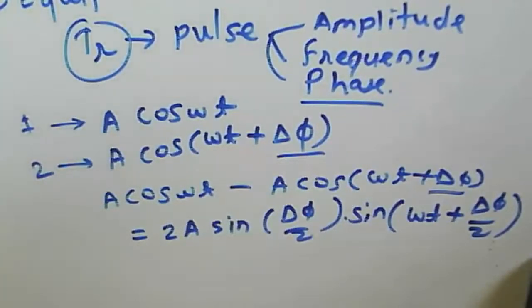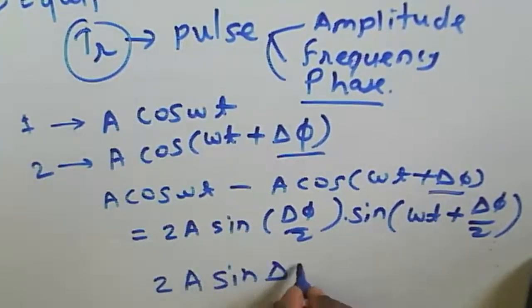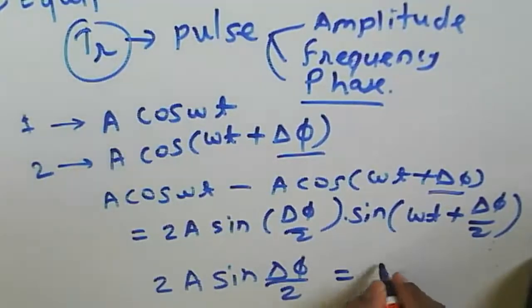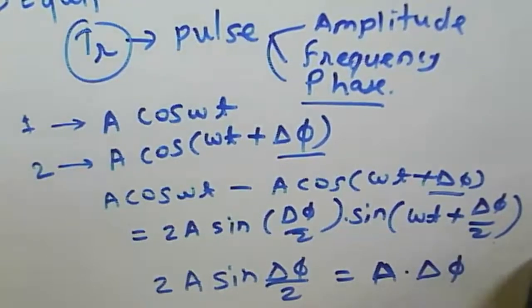So for very small changes in the phase error, what will be the amplitude difference? The amplitude difference is twice A sine of del phi by 2, which is approximately A times del phi.